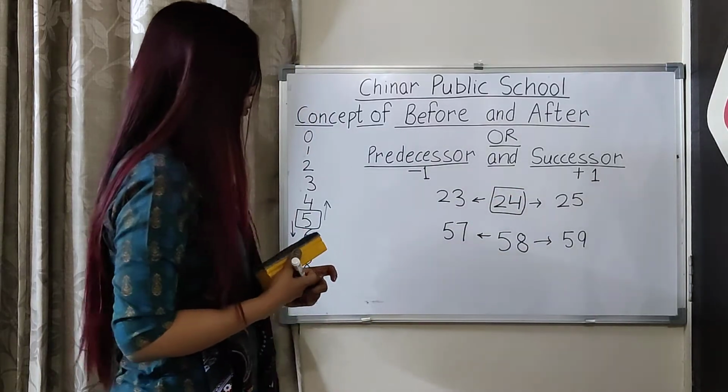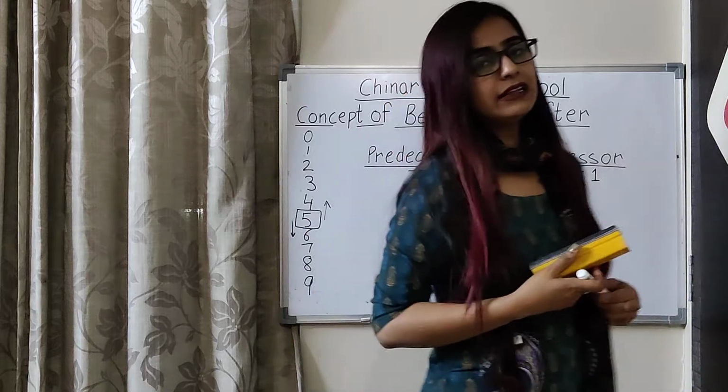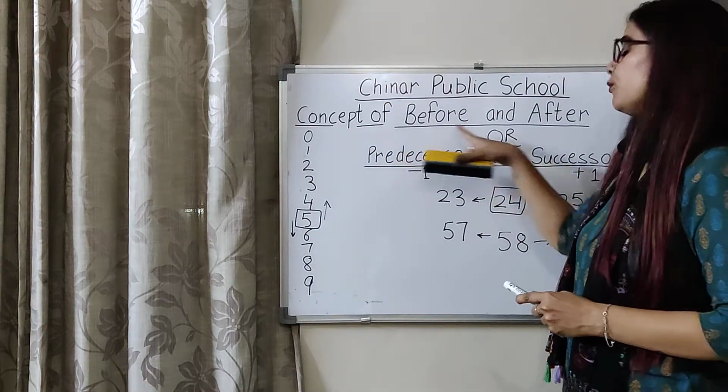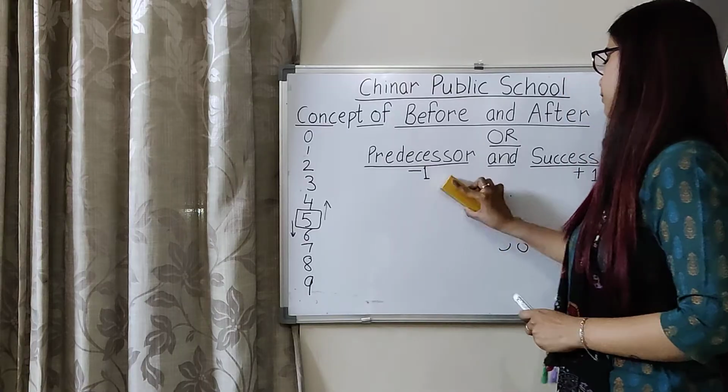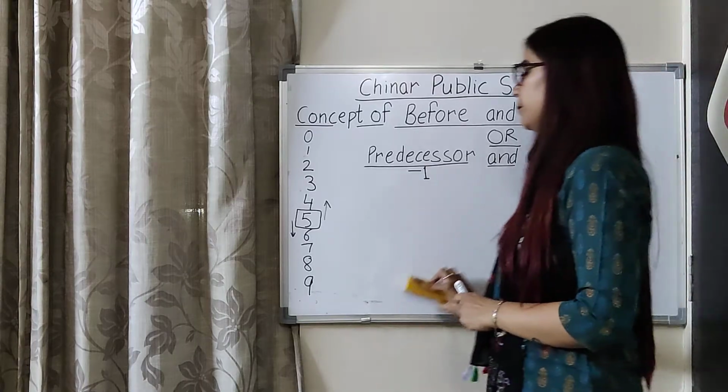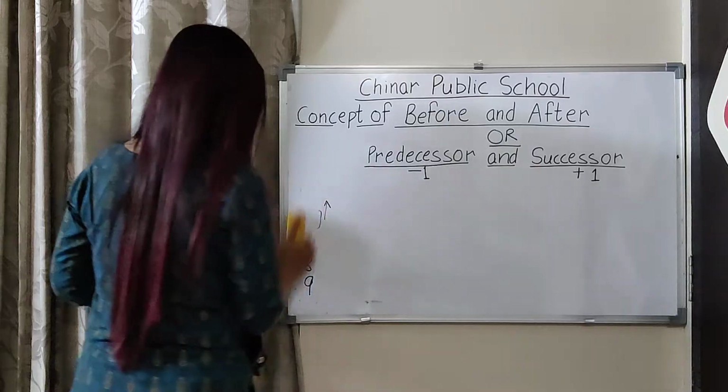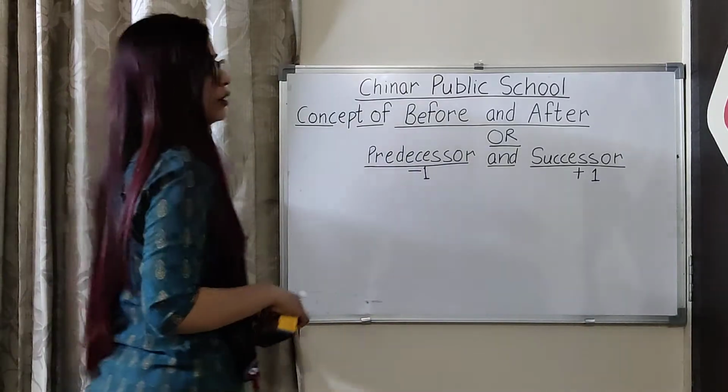Now let us try to solve this before and after number with 3 digits. We all know the concept of before and after, we all can do it.